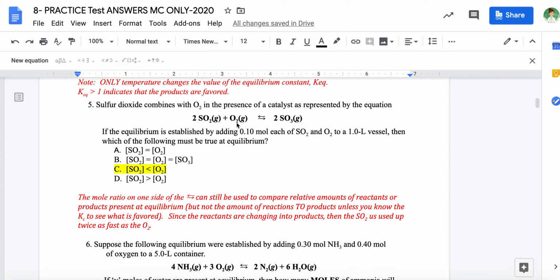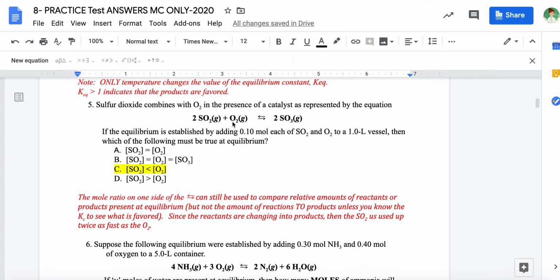So this ratio here of 2 to 1 is still going to be true, and that's going to help us with our answer.